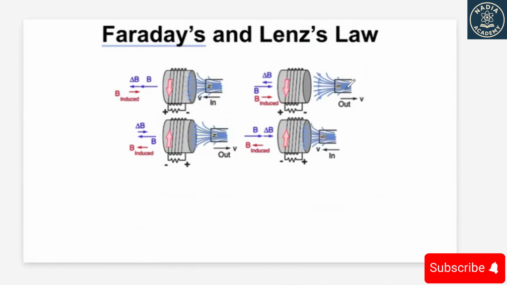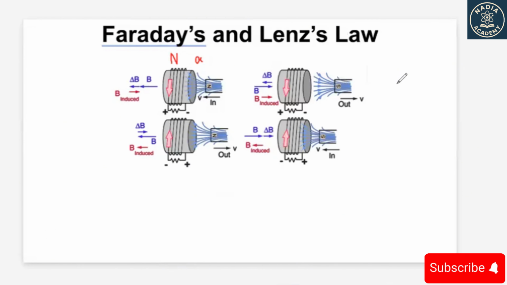Faraday's law is a simple law. Here, for example, in this first part of the picture, we can see the flux which is linked with this coil, and that coil might have N turns.